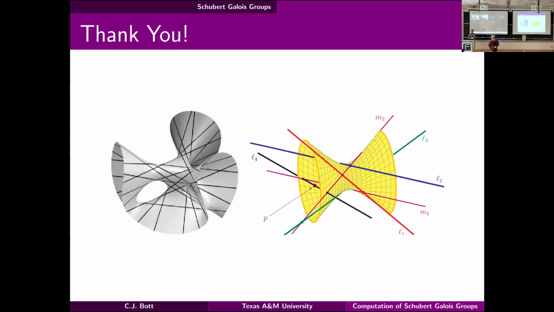Oh, thank you. Do you have any guess about which subgroups of the full symmetric group show up as Galois groups? Yeah, that's a great question. Thomas alluded to some of this with wreath products and iterated wreath products. Frank has a paper just for the Grassmannian of 4 planes in 8 space. Already there are so many interesting Schubert problems just in that one, and another for the Grassmannian of 4 planes in 9 space.